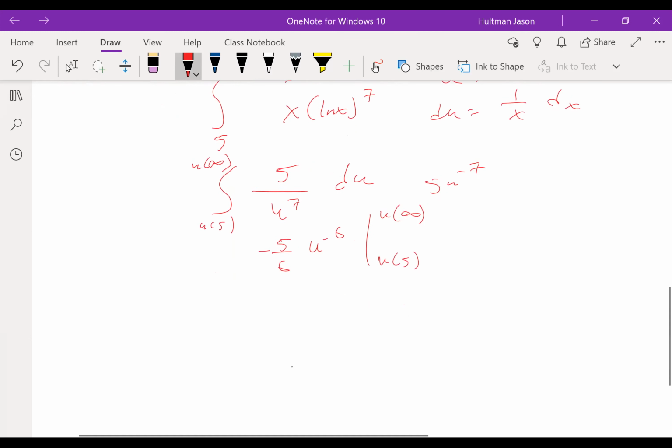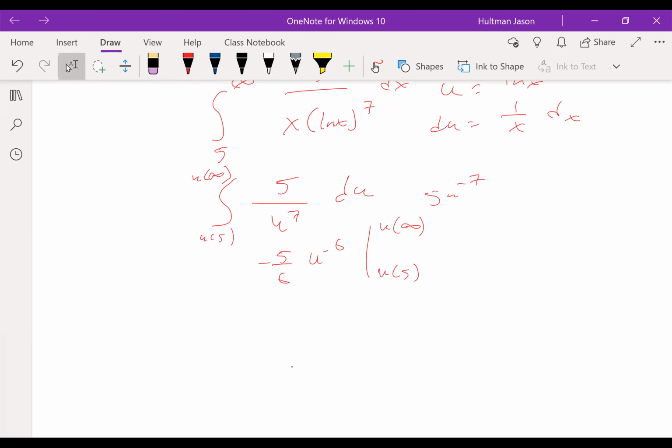Nice. Now I'm going to plug back into x. So this is negative 5/6 over the natural log of x to the 6th power.